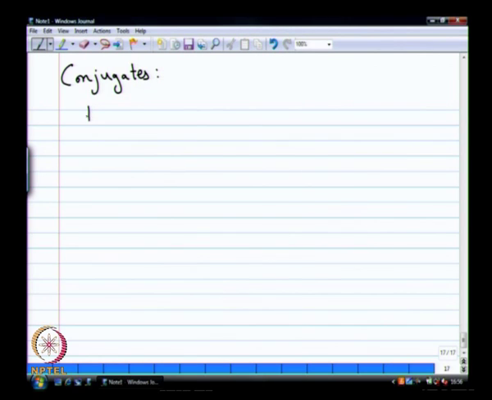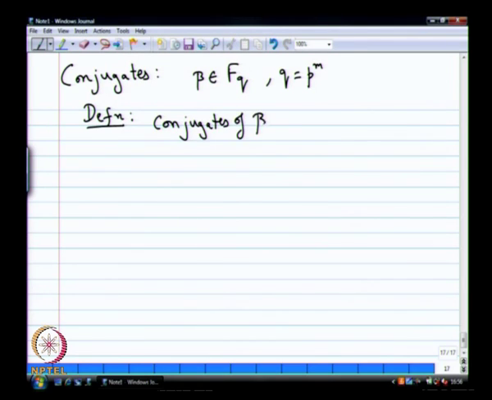So, here is the definition. If you have beta belonging to Fq, q is p power m, the conjugates of beta are basically, you can include beta if you want, not a problem, beta power p, beta power p squared, and maybe I will include the next one also, beta power p power 3, so on.